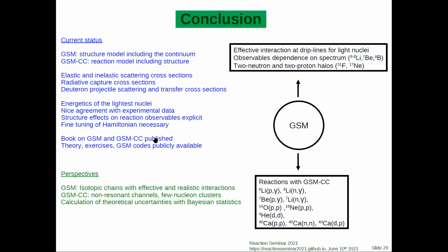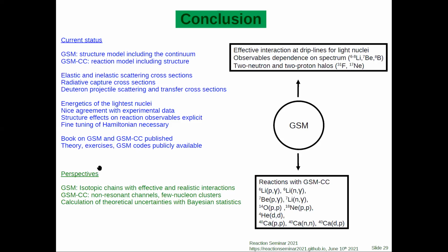And we published a book on the Gamow Shell Model and GSMCC, which is available and where one has a lot of applications which can be done. Codes can be run, theories explained, and there are also many exercises to better understand GSM and GSMCC.